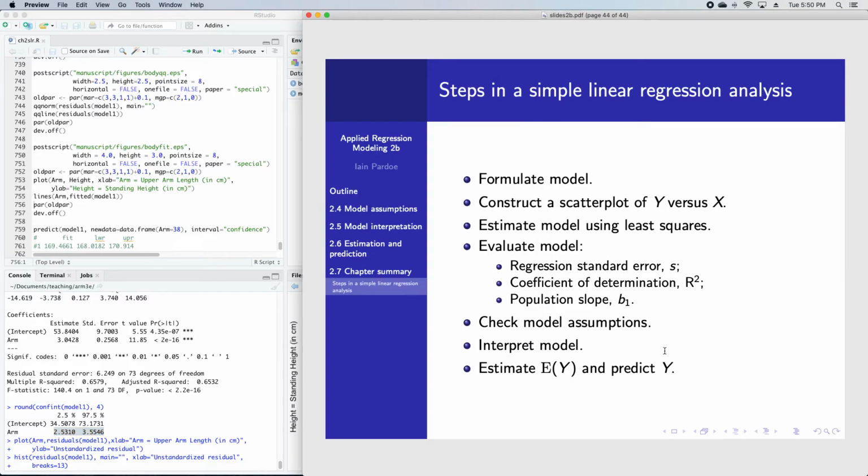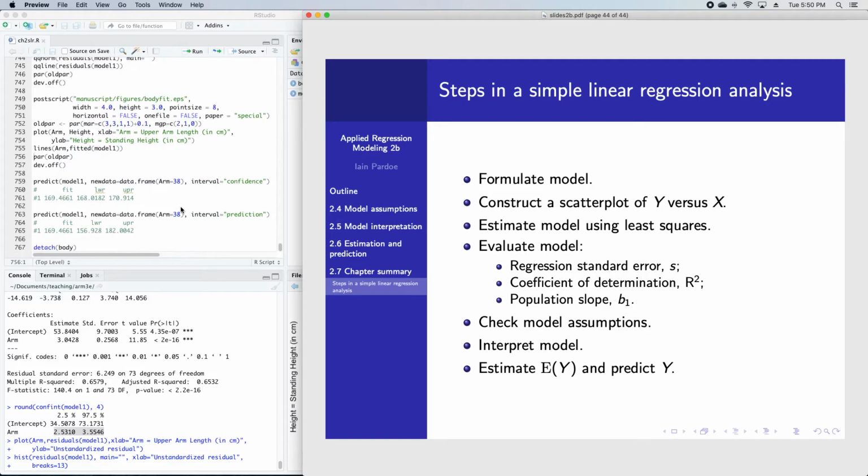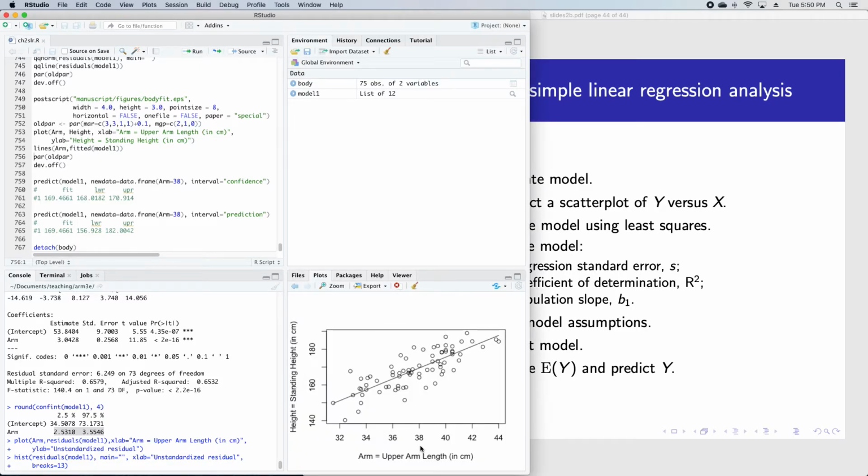And then finally, I can think about estimating the mean of y and predicting an individual value of y for a specific value of x. So for example, let's first think about a group of individuals with an upper arm length of 38 centimeters.